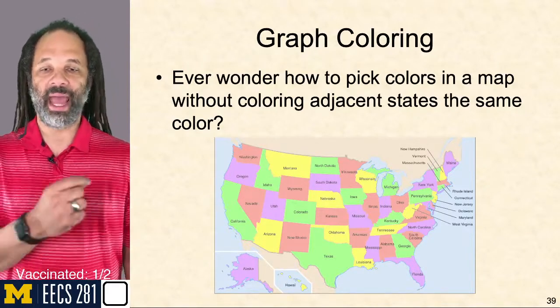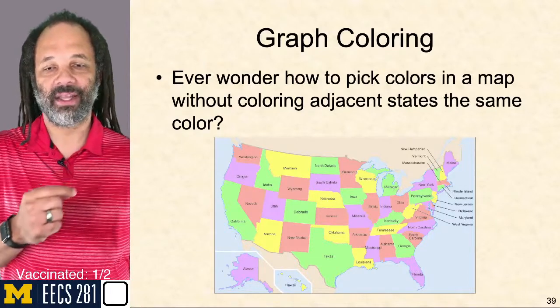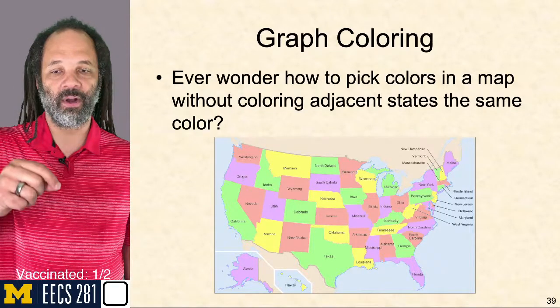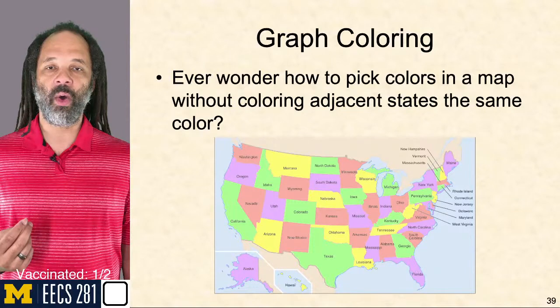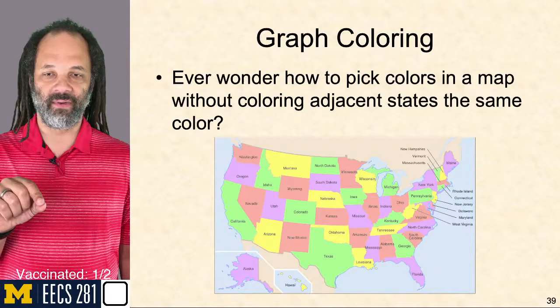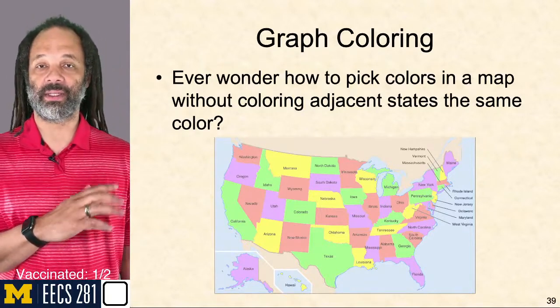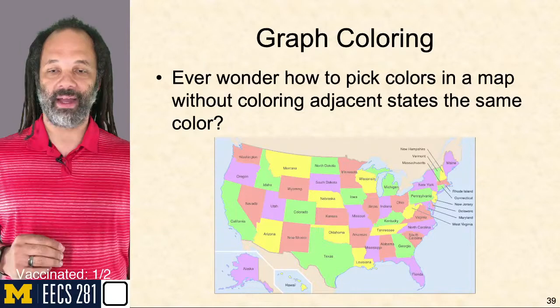So there would be an edge that connects the Nevada vertex to the California vertex. There's an edge that connects the California vertex to the Oregon vertex, and Oregon to Nevada. But there are no edges between the California vertex and the Idaho vertex. Note, both of these are colored green in this particular instance, but that's not important. It just happens to be a side effect here.